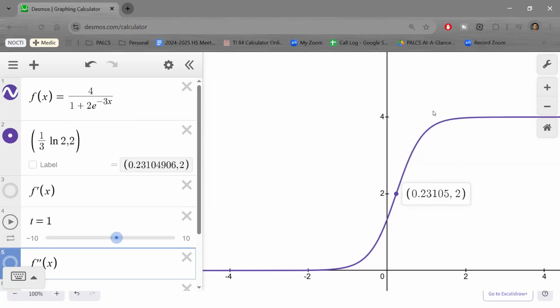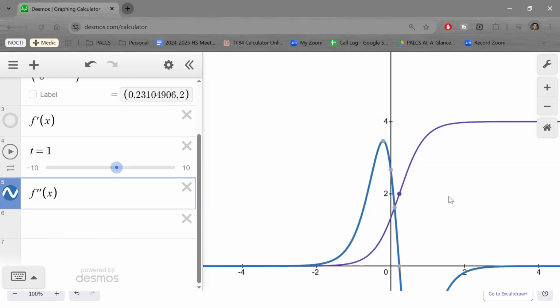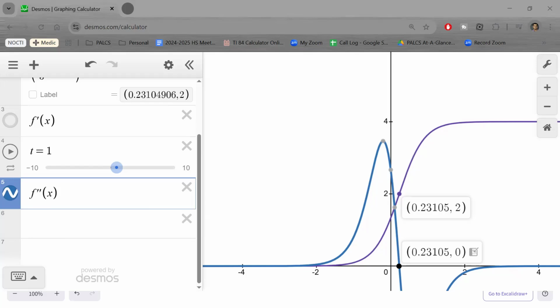After that point, the graph's concave down. If I graph the second derivative in blue here, you could see that when the blue graph changes from positive to negative, that corresponds to where the purple graph, the original function, changed from concave up to concave down. This point right here doesn't really have significance for what we're talking about at this point. It's just the intersection point of the second derivative and the original function. So there we go. We found the point of inflection.